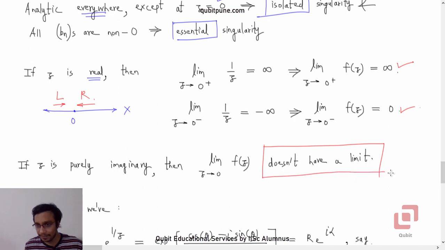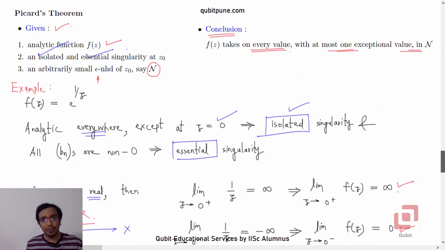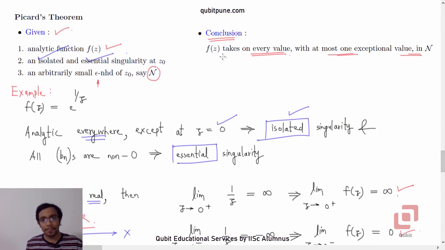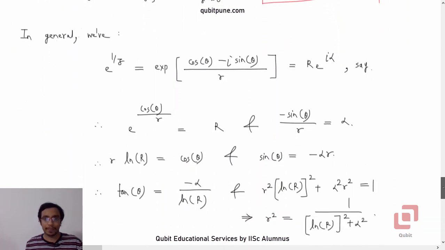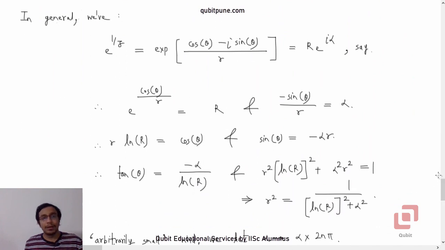Now what we are going to do is to check for the conclusion that f of z takes on every value with at most one exceptional value in the neighborhood. We are going to use the complex exponential form of the complex number.